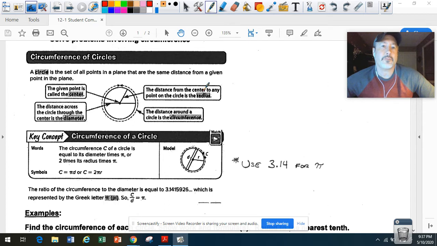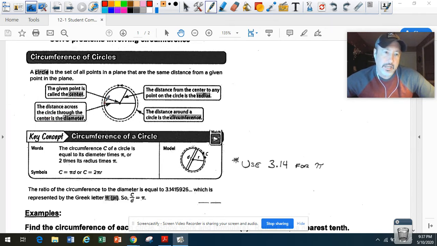The distance from the center to any point on the circle is called the radius. So if we go from the center to an edge, that distance there, this line right here, is known as the radius. Now, the distance across the circle through the center is known as the diameter.